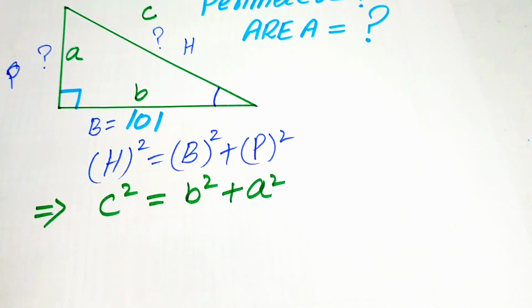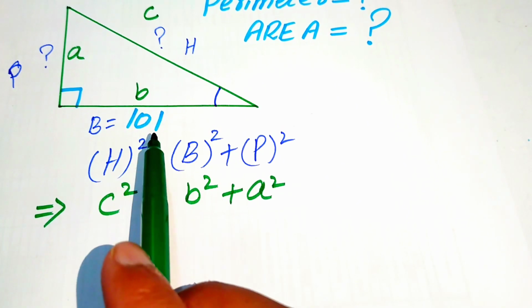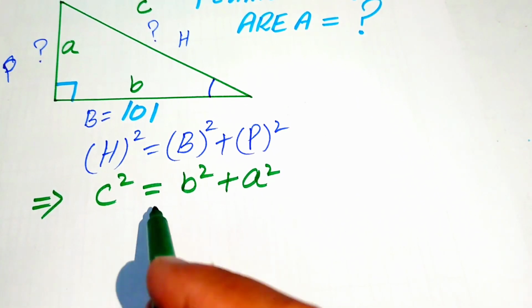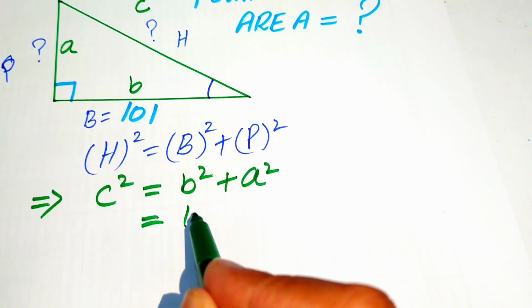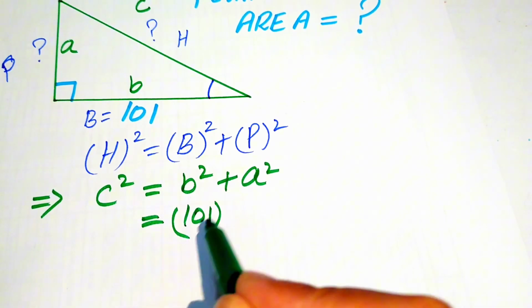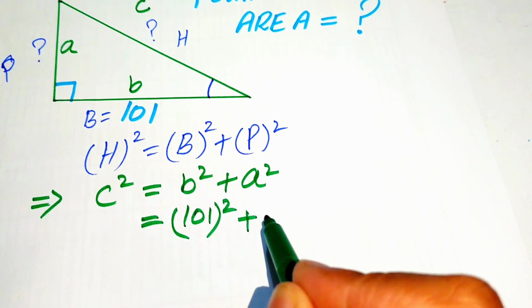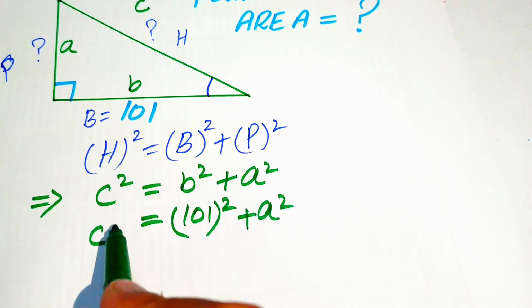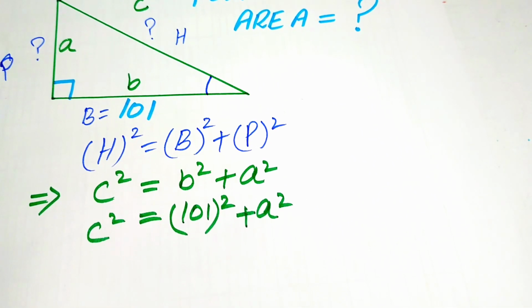And now we have only one side length of this right triangle, and it is b. So our b equals 101. We substitute this value here and we write all other values as they are: c square and a square.